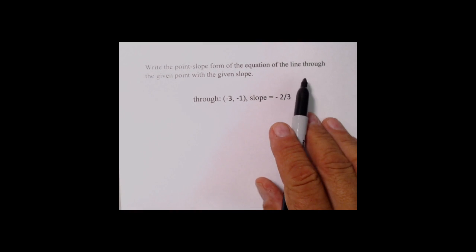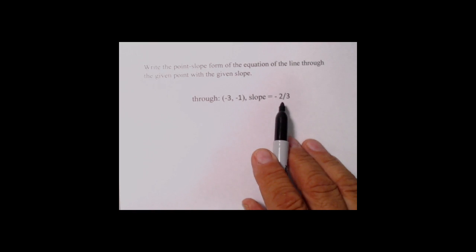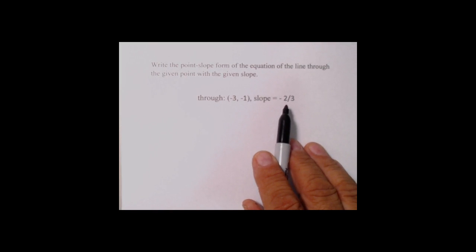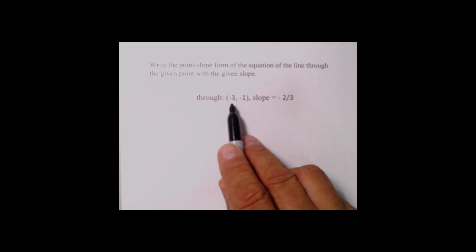Let's take a look at a starting example where we just want to get the equation and not graph it yet. So here we are. Now, the first thing, it says write the point slope form of the equation of a line going through the given point with the given slope right here. Well, here's the first thing about this. You see this point? This is not a y-intercept.